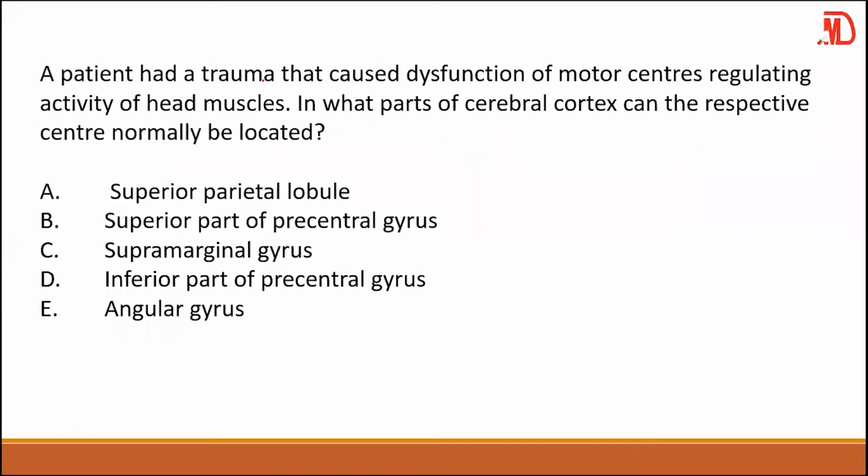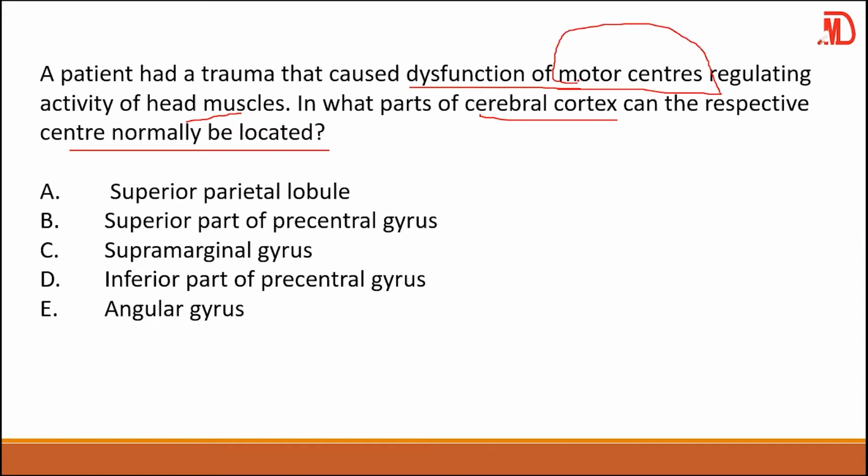A patient had a trauma that caused dysfunction of motor centers regulating activity of head muscles. In what part of the cerebral cortex can the respective center normally be located? So over here, there's a trauma causing dysfunction of the motor center.